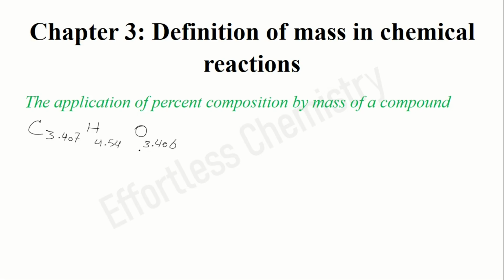Now, we try to convert to whole numbers by dividing all the subscripts by the smallest subscript. The smallest one is that, so I will divide all of them by this smallest subscript. 4.54 divided by it, and the last one, 3.406.